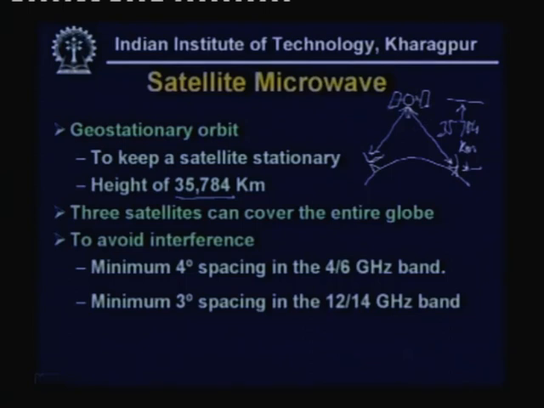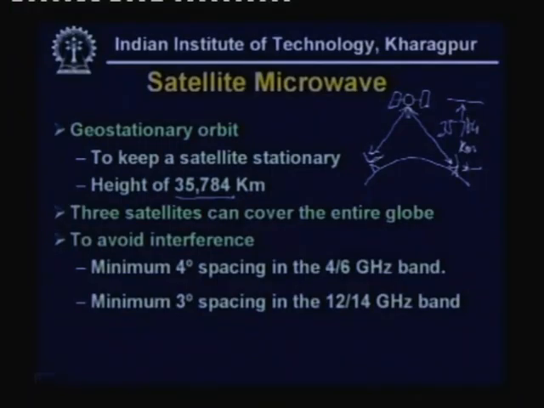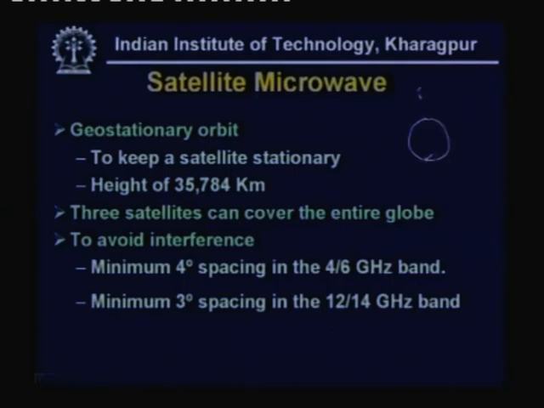What are the advantages of this? One big advantage is the satellite can cover a very large distance because the antenna height is very large, and it can be shown that with the help of 3 antennas the entire globe can be covered. For example, here you have got your earth. So one satellite here, another satellite 120 degree apart, and here another satellite.